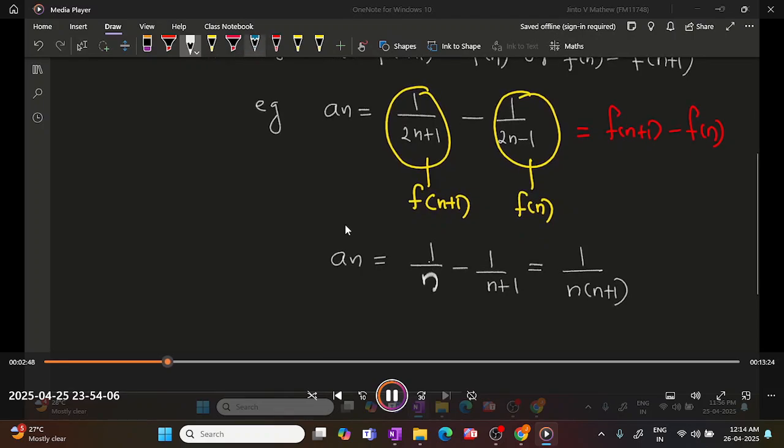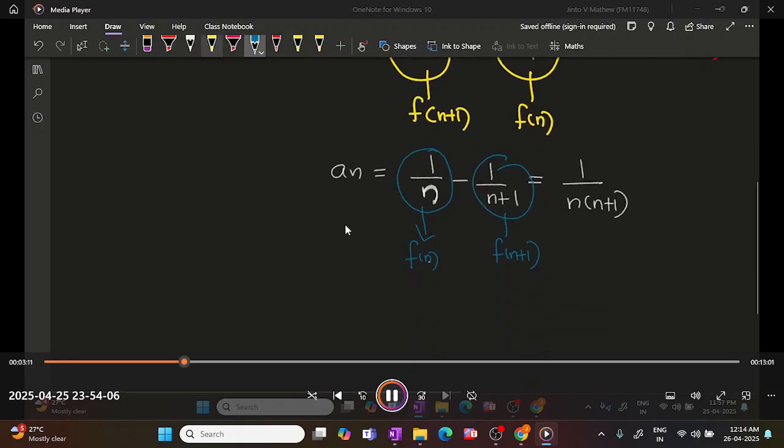We need to understand and express that. And if we call this as f of n, we can call this term as f of n plus 1. So it is also nothing but an nth term of telescopic series.